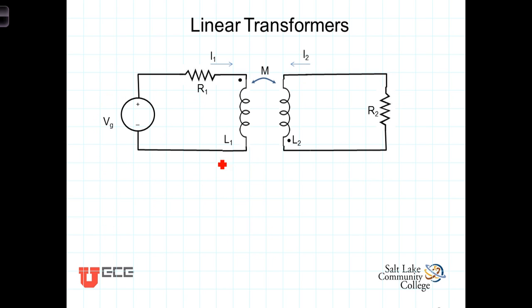We have here a circuit consisting of a coil being driven by a source that's causing a current I1 to flow into this terminal. Nearby, in proximity of this coil, there is another coil that is mutually coupled to this coil through the magnetic field, and it is driving a second resistor, R2.